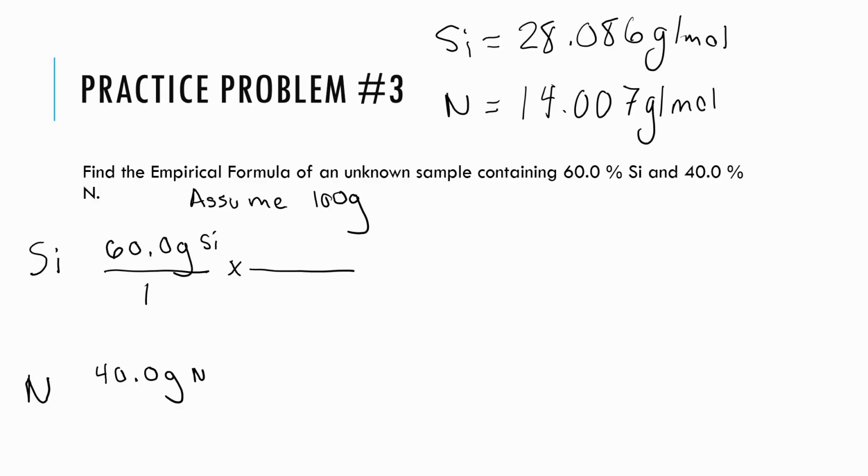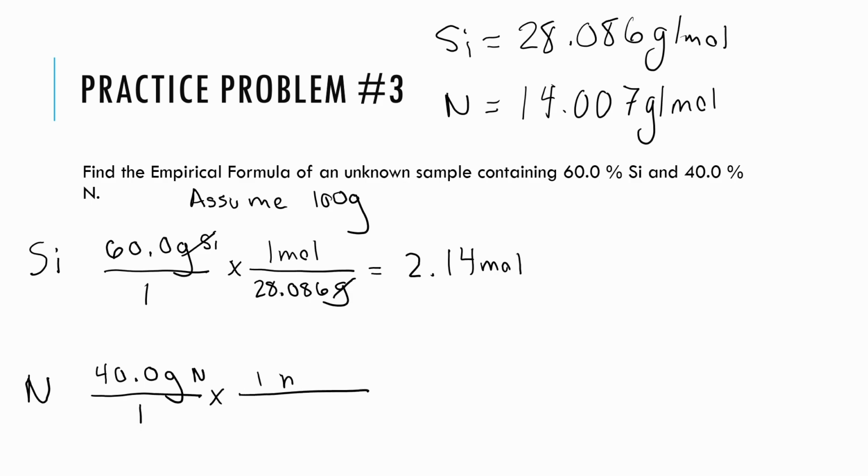For silicon, we have 28.086 grams, and then 1 mole on top because we want those grams to cancel out. In this case, we would take 60 divided by 28.086, and we get, with 3 sig figs, 2.14 moles. We're going to do the same thing with nitrogen.